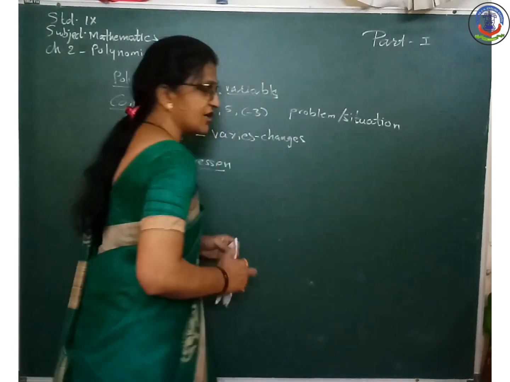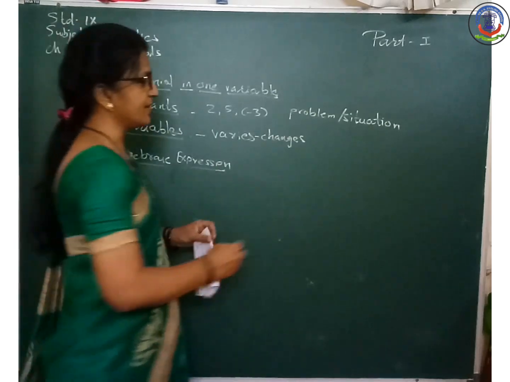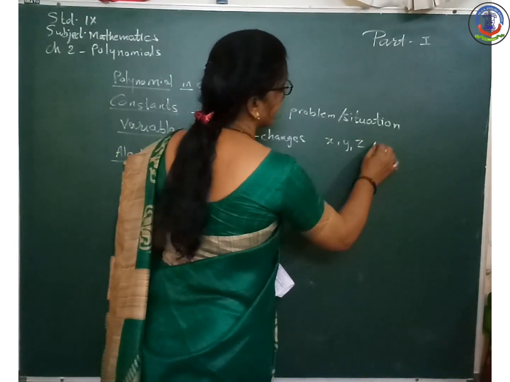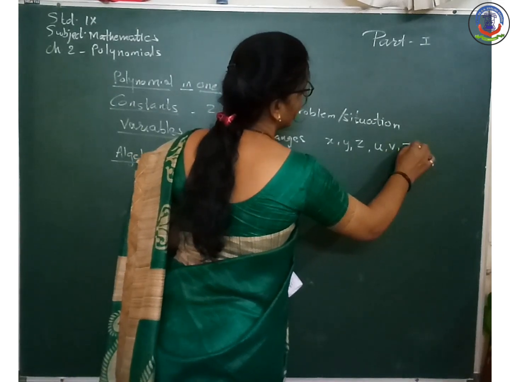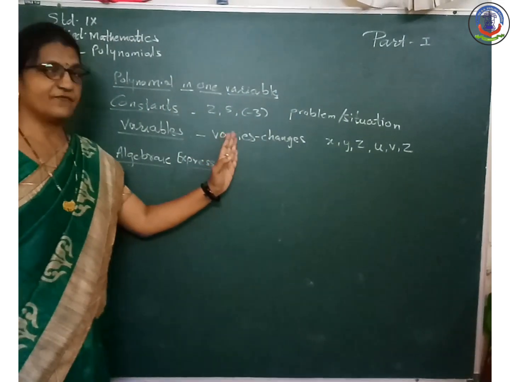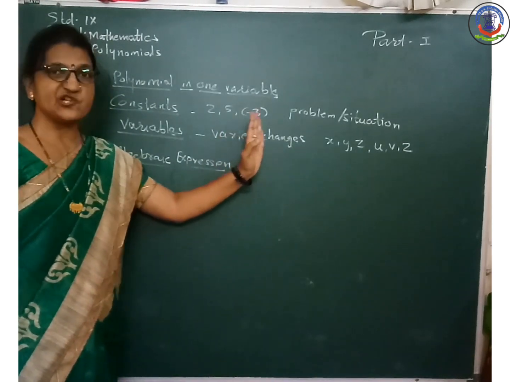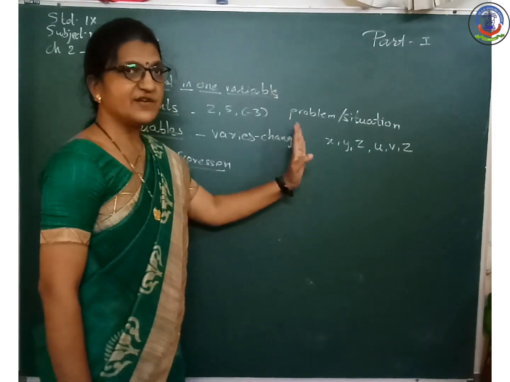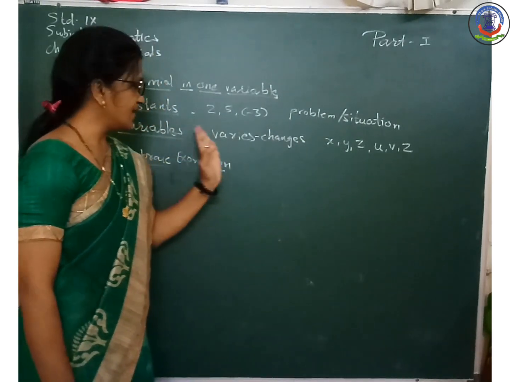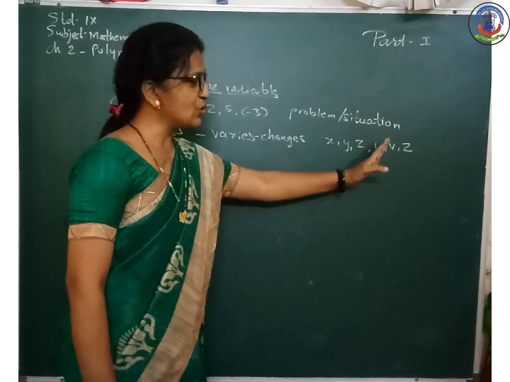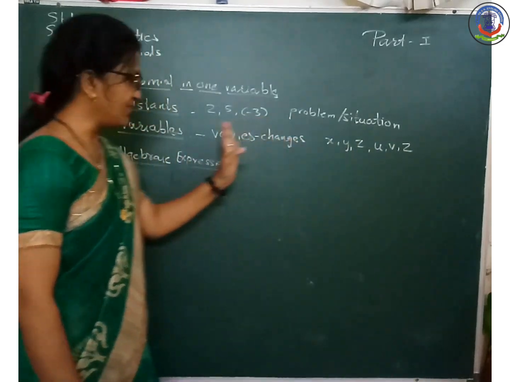Generally the symbols used to represent variables are x, y, z. Sometimes we can also use u, v, w, etc.